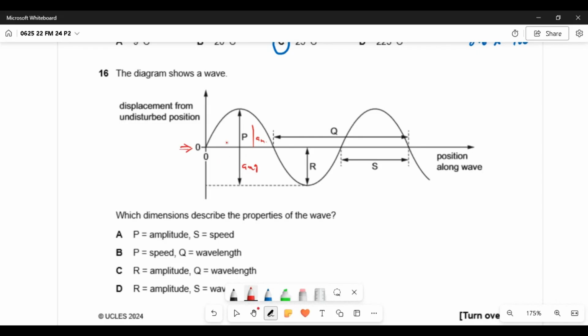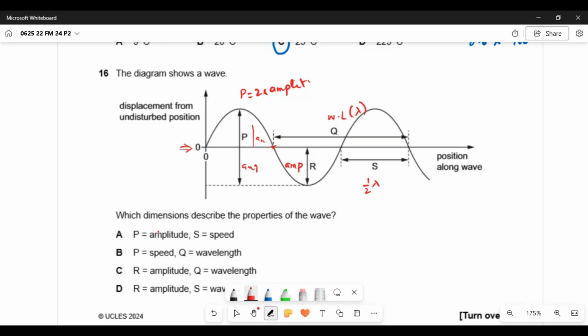So P is showing two times the amplitude, because amplitude is only one, but R is showing amplitude only. When we start from this rest position, take a trough and a crest. So Q is showing wavelength, that is shown by lambda, and S is only one crest, so that is half of the wavelength. Which dimensions describe the properties of the wave?